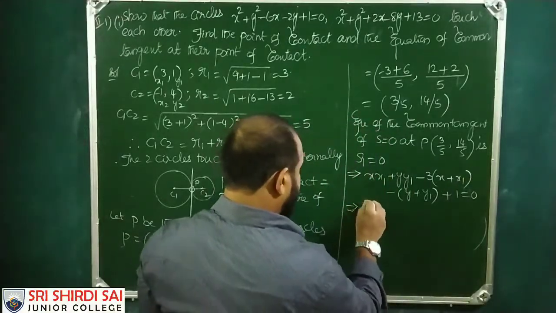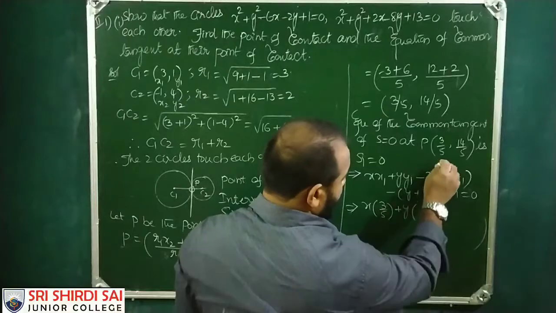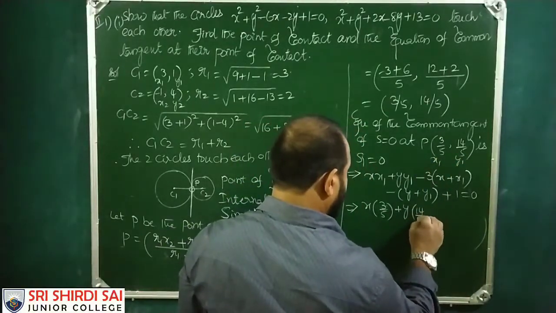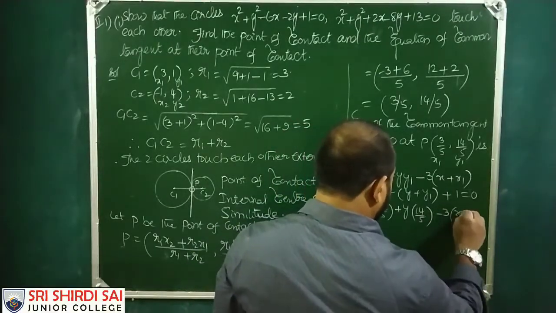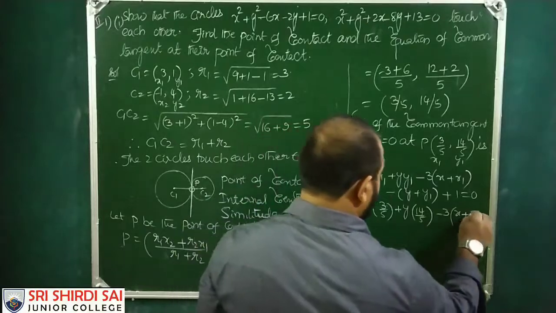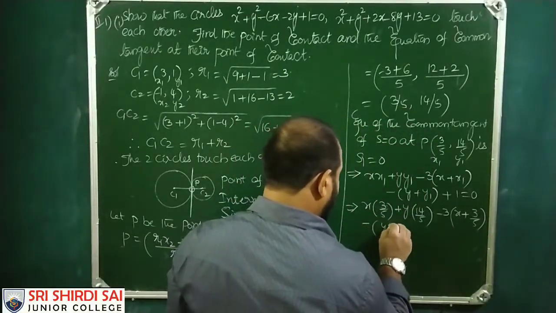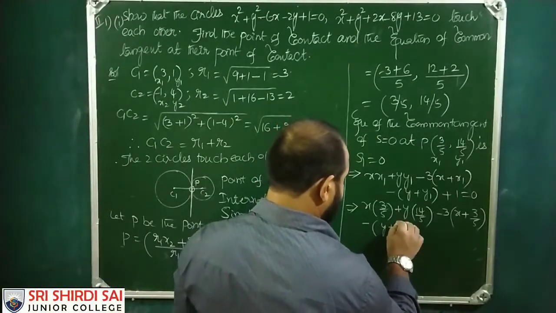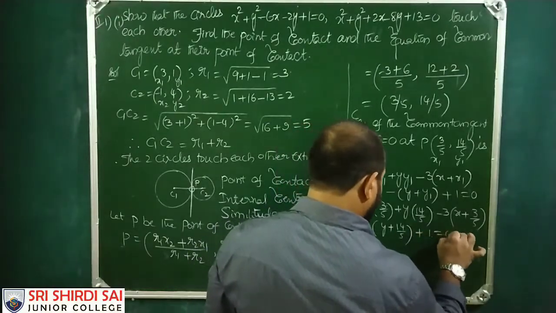That is equal to x into 3/5 plus y into, this is y1 now, 14/5, minus of 3 into (x plus 3/5), minus of (y plus y1, 14/5), plus 1 equals 0.